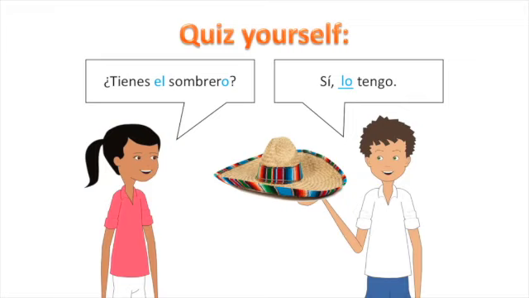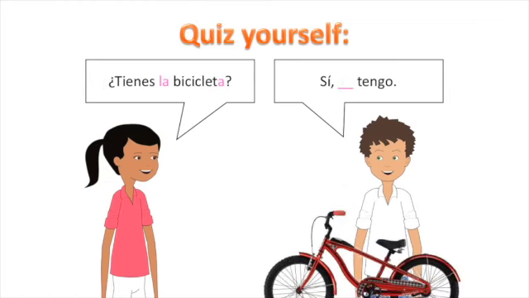Remember, the two places that our direct object pronoun can go: in front of your conjugated verb, tengo, or attached to an infinitive, a verb that's not been conjugated, with AR, ER, IR still on the end. In this case, there's no infinitive. It has to go in front of your conjugated verb. So like I said, when in doubt, put it in front of your conjugated verb. Sí, lo tengo.